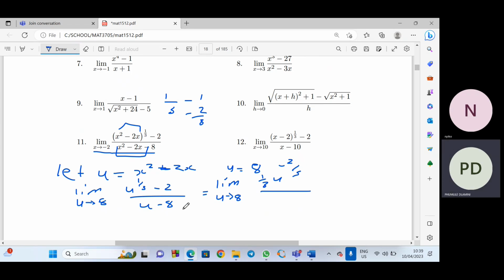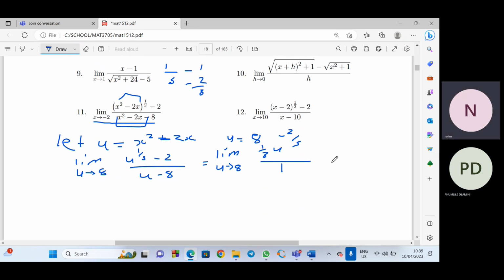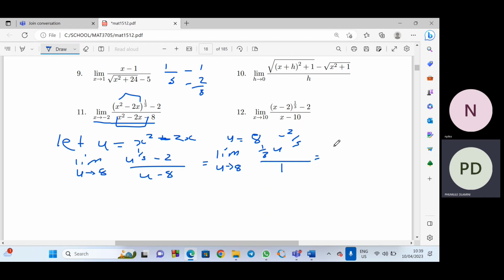Over what? If I differentiate this one, I'm going to get 1. Then now I can just put my 1 over 3, where there is u, I'm going to substitute with 8 to the power negative 2 over 3.